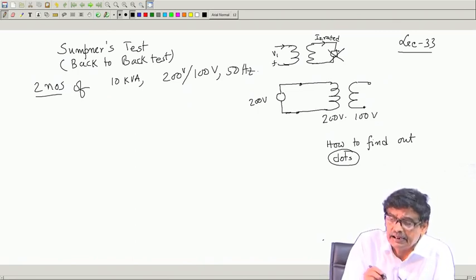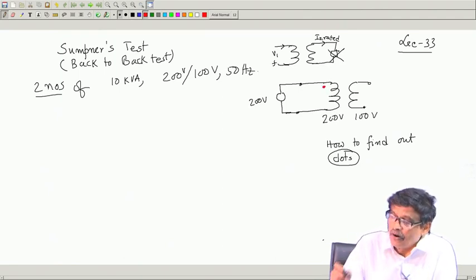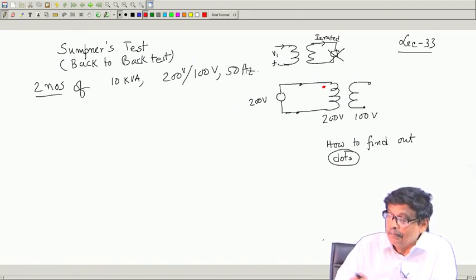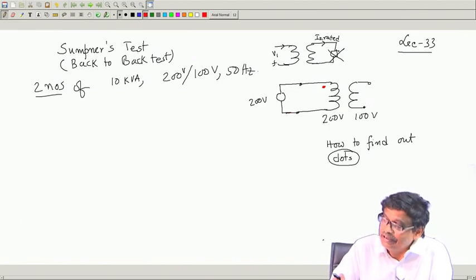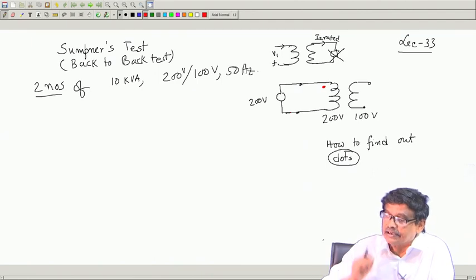For example, on this side you take a chalk and mark, okay, this is my dot terminal of this winding. But what you cannot do now is this: if this is positive at any one time, which terminal is positive on the other side, that is the goal. Okay.